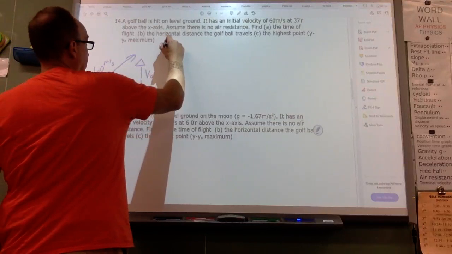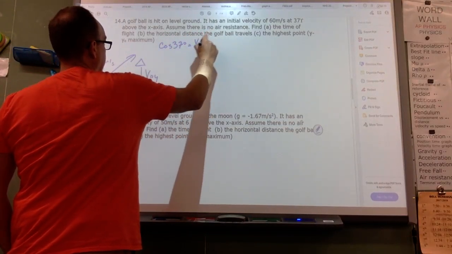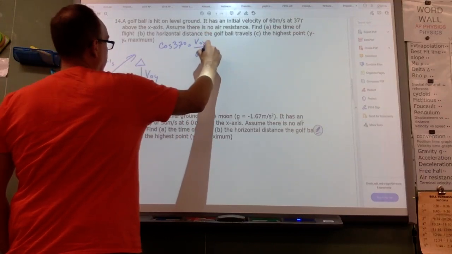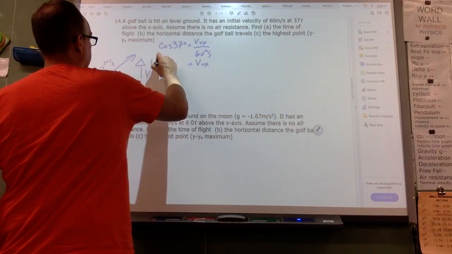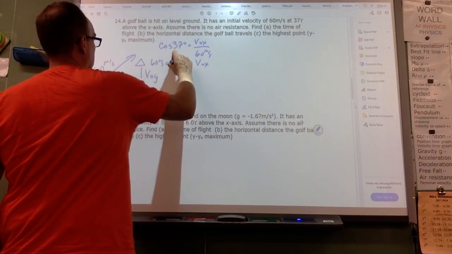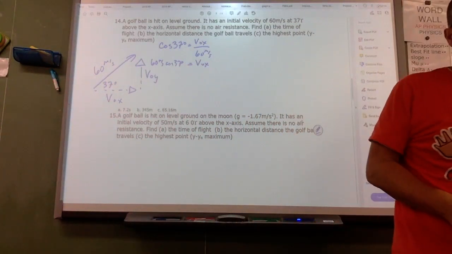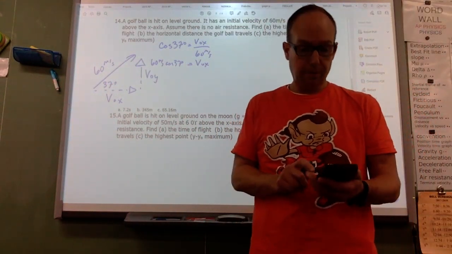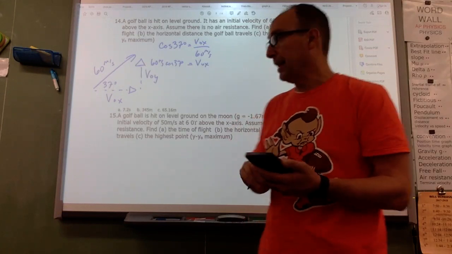For the x component, I'll use cosine, and I have cosine 37 is the initial velocity in the x direction over 60. So the initial velocity in the x direction is 60 cosine 37. Make sure your calculators are in degrees for these. So I got 48.